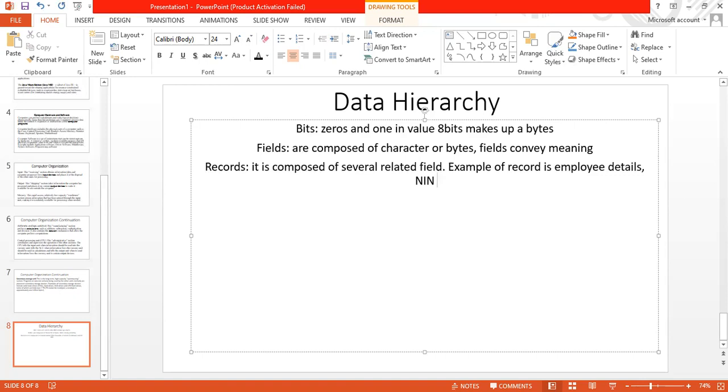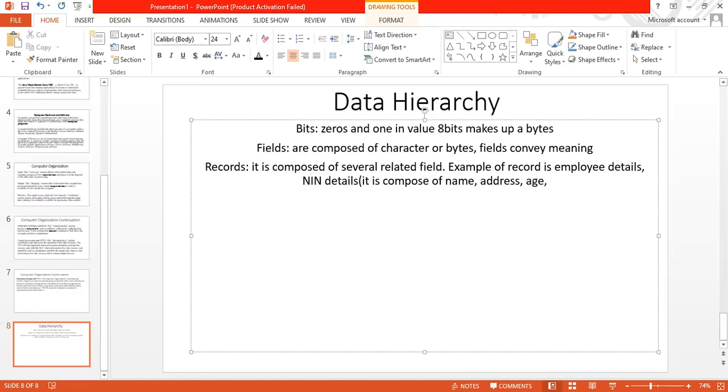It is an example of a record because it is composed of name, address, age.